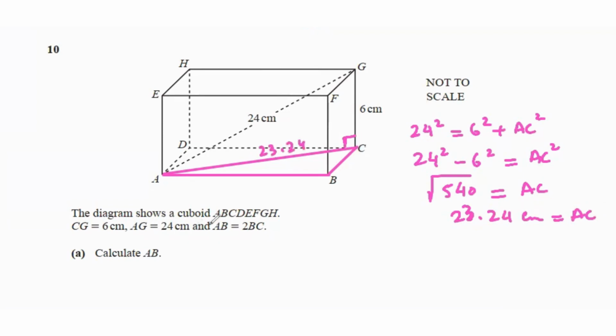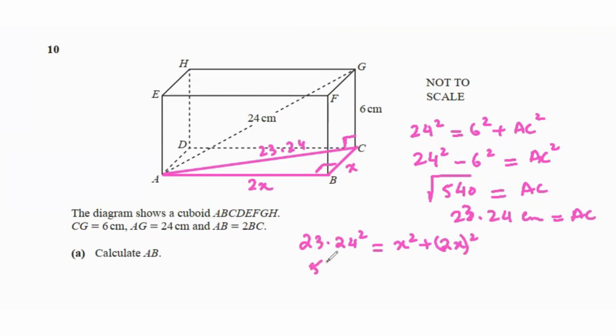Now we know that AB is twice of BC. So if this is X, this is 2X. Again, Pythagoras, because it's a right angle triangle. 23.24 squared equals X squared plus 2X whole squared.